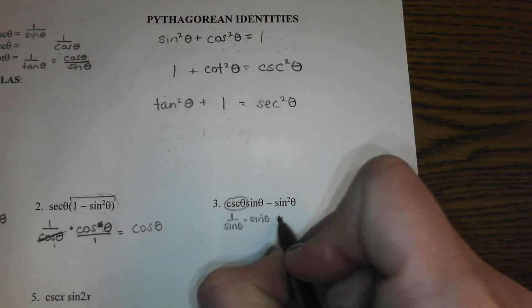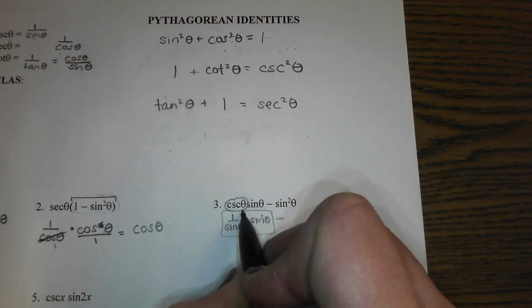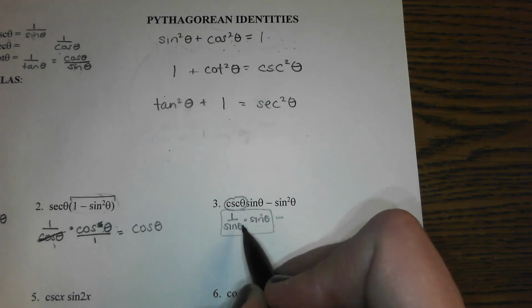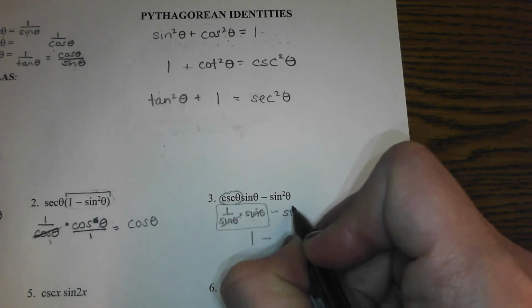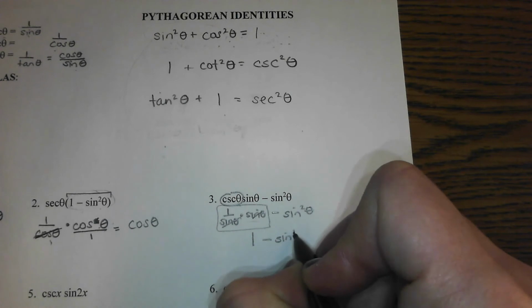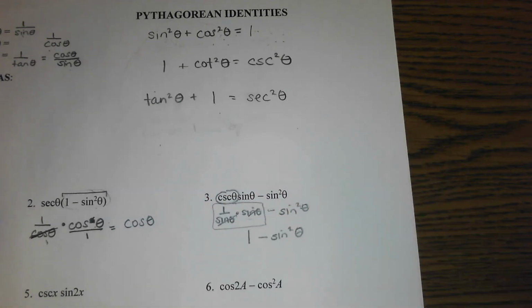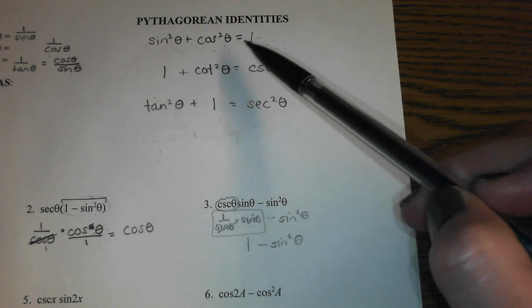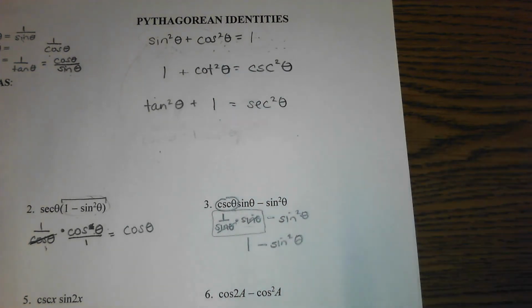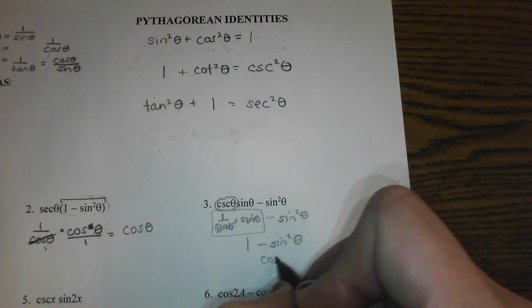But if you can already foresee what is going to happen with this first piece, it's going to become 1. It'll just be 1 minus sine squared, so it's worth keeping that sine squared, because if you rearrange this first one, 1 minus sine squared will equal cosine squared.